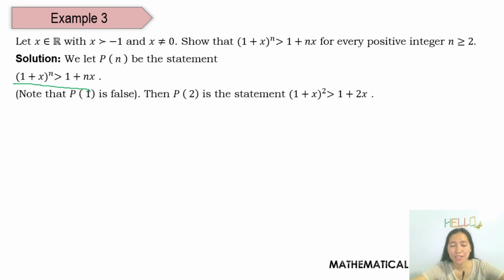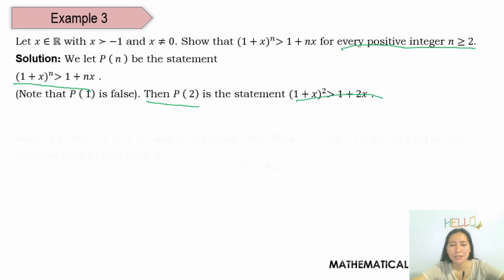Note that P of 1 is false because every positive integer n here is greater than or equal to 2. So let n equal 2. P of 2 is the statement 1 plus x raised to 2 is greater than 1 plus 2x.